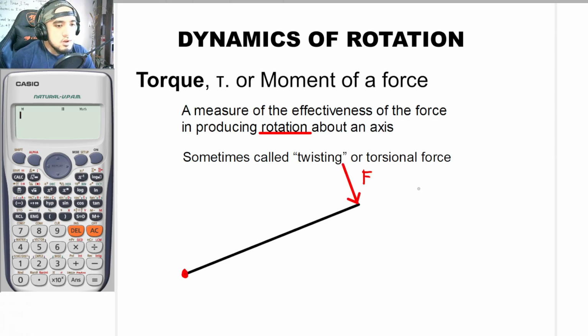Torque is equal to force times the lever arm. Your force is basically this force, and the lever arm is the perpendicular distance from your fixed point, or from the point that you are analyzing, and in this case we are analyzing this point, up until your force. Once again, this should be the perpendicular distance.